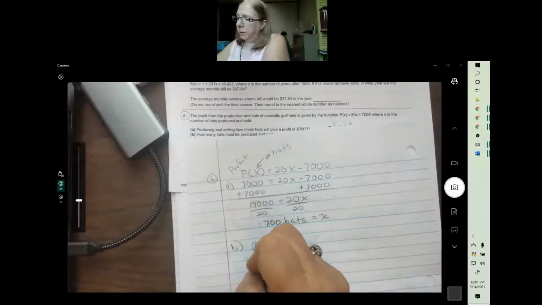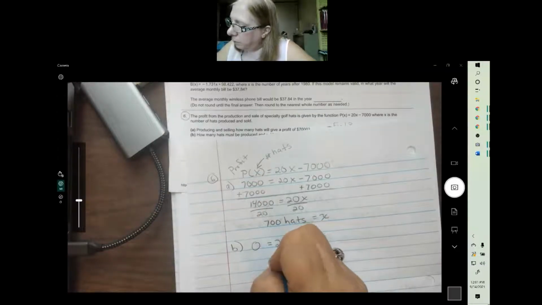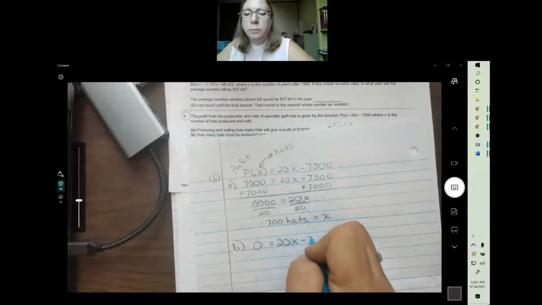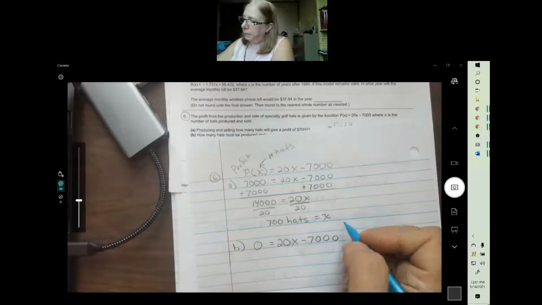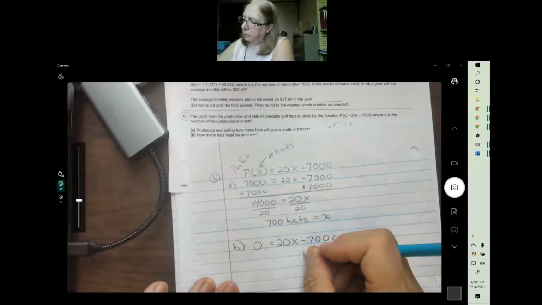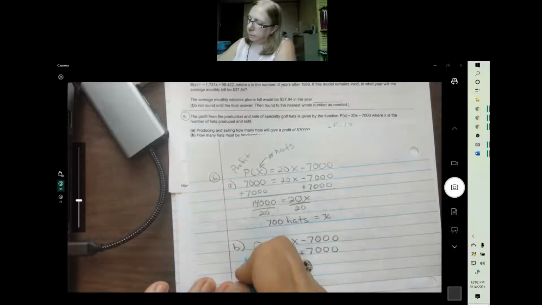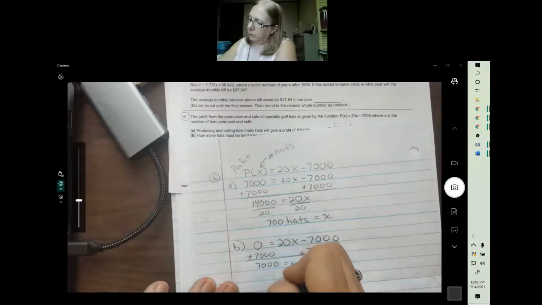So you want to set your profit, P of X, equal to 0. Add the 7,000 to the other side. And divide by 20.